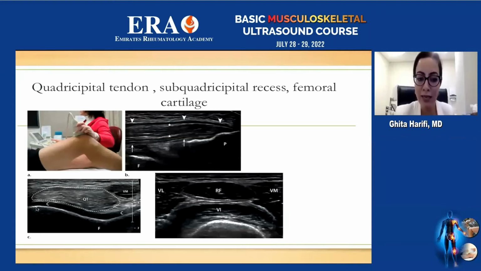You can here obviously appreciate the thickness of the cartilage, and you can see some thinning in degenerative conditions, in osteoarthritis. You'll be able to look for intra-articular calcifications in chondrocalcinosis, for example, or calcifications sitting on top of the cartilage in gout, for example. So there are many elements and information that you can get from this examination.